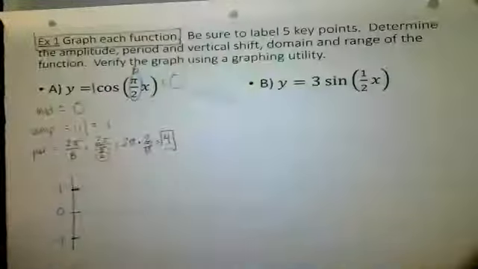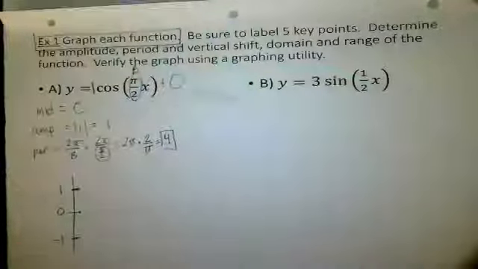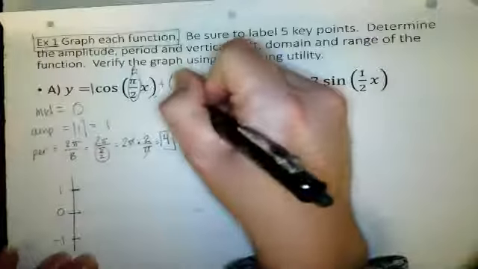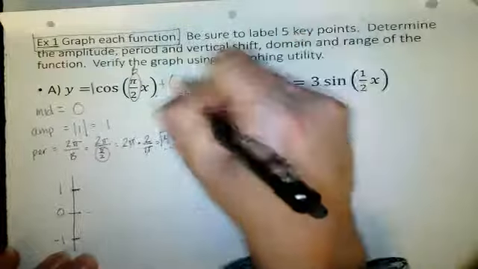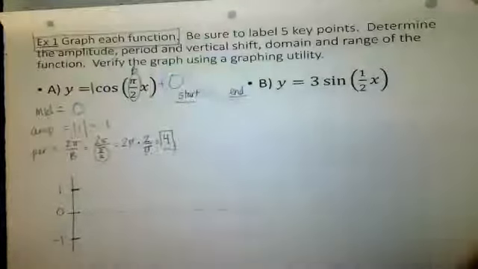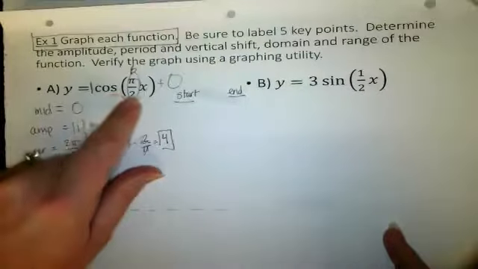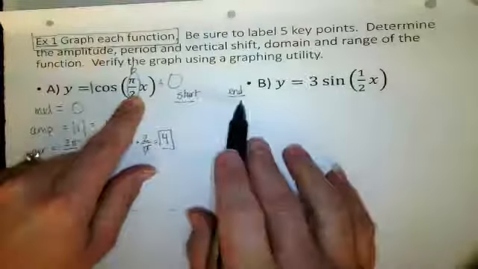What I'm going to do today is going to lead us into what we're doing tomorrow, so it seems a little bit weird today. But we want to always think about our starting and ending points of our sine and cosine curves. And whatever's inside with x affects those starting and ending points.